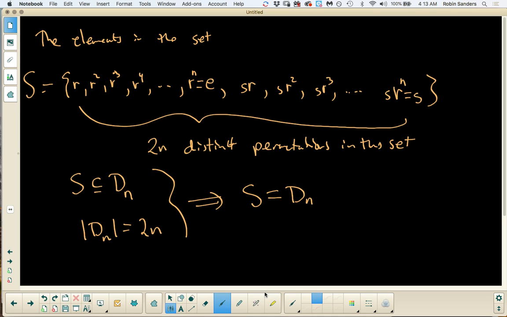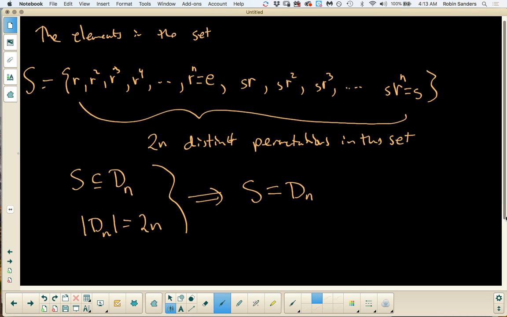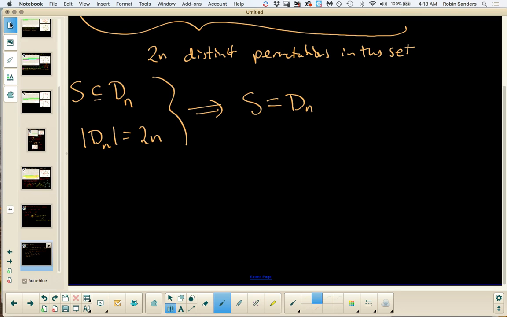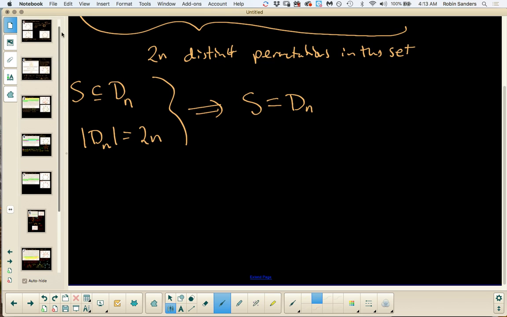Now, the very last thing that is in the statement of the theorem, let's go back to that theorem for just a minute. I want to go all the way back to the statement of the theorem.